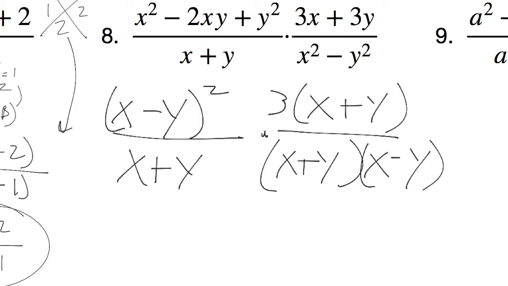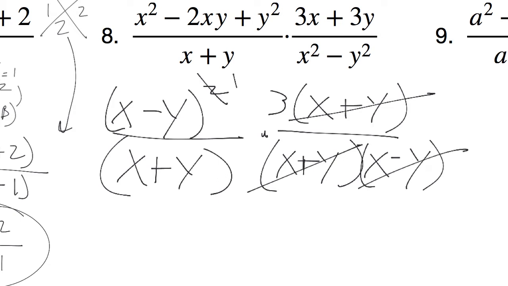Check this out. I love canceling. We're going to multiply all these terms. We've got lots of factors here that we can cancel out. So I see an x plus y here, and an x plus y here. And I see an x minus y here, and only one left.